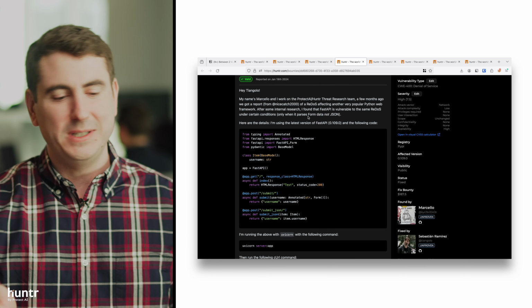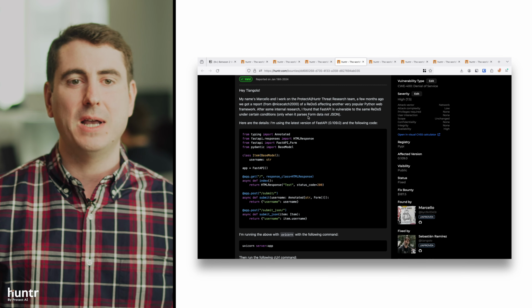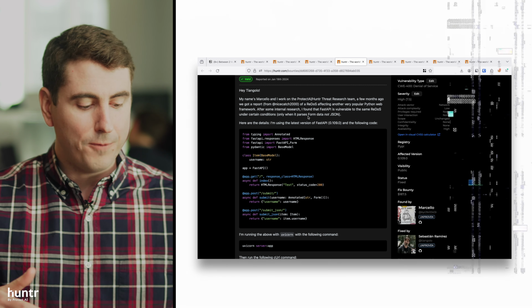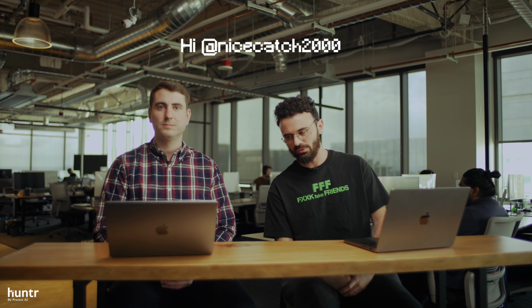But as usual, what's interesting about this is the fact that FastAPI is a fundamental library. It's incredibly popular for serving models, and anytime you need to stand up a server and make 2 servers communicate with each other with the code that you wrote, FastAPI is a really good way of doing that. But Marcello, even though he takes credit for this, actually did some more research on a different reporter's report. No, this was originally found by some person called Nice Catch 2000. So shout out to Nice Catch 2000 for finding this.